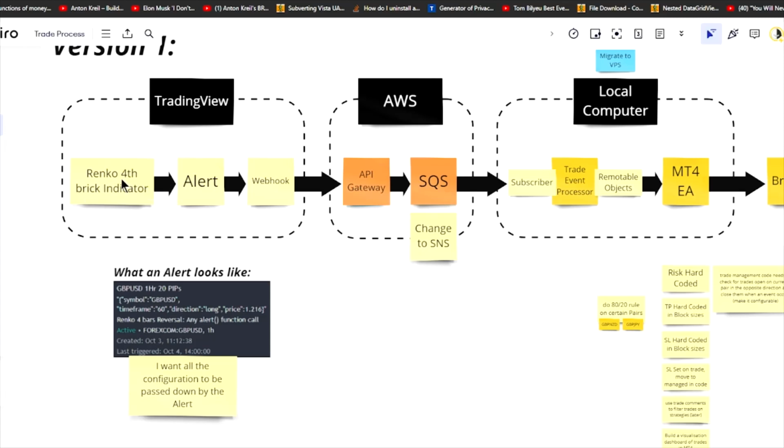So the Renko indicator fires on the drawing of a fourth brick on the hour. This is how the alert's been set up. There's a few adjustments I've made to the indicator itself, but the crux of it is going back to one of these.